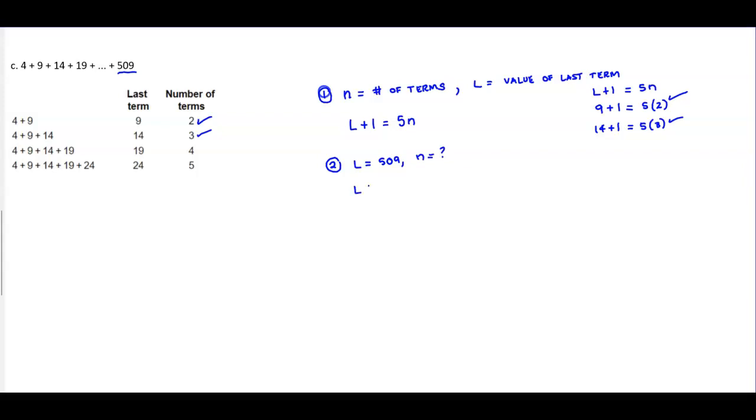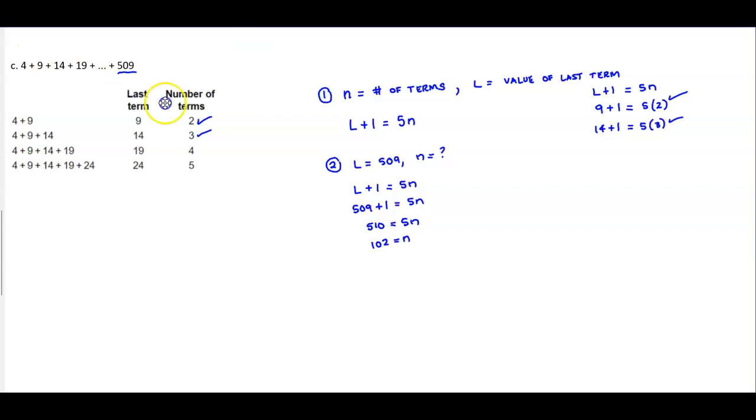So using the formula L plus 1 equals 5n, we have 509 plus 1 equals 5n. 509 plus 1 gives us 510, and that's equal to 5n. So if we divide both sides by 5, we get the value of n to be 102.